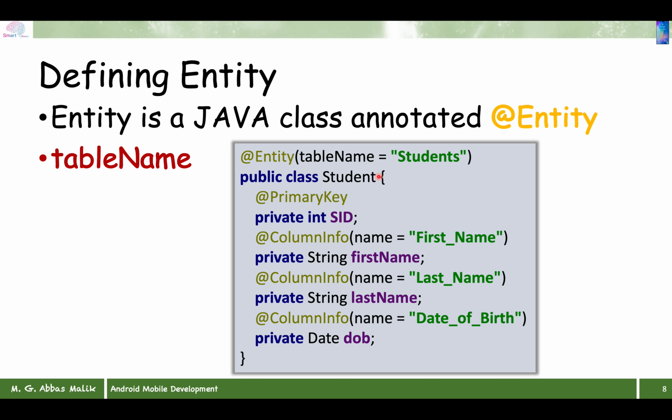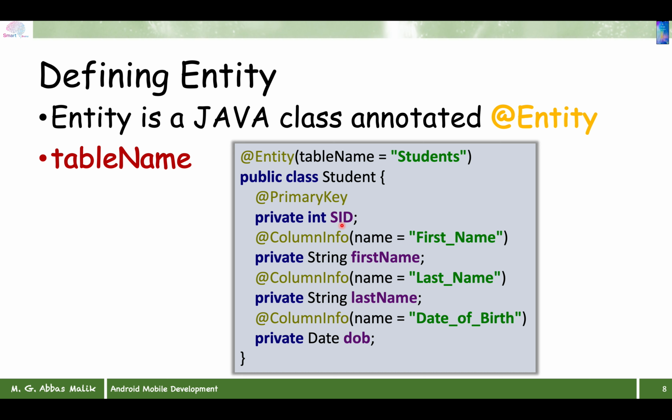And then we also provide, above that particular class, when we define public class Student, an annotation saying that this is an entity, and telling that the name of the table where the Student class values or information are going to be stored will be students. So what this entity means is that Room architecture will create a database table with the name students, and inside that students table it will have four different columns.